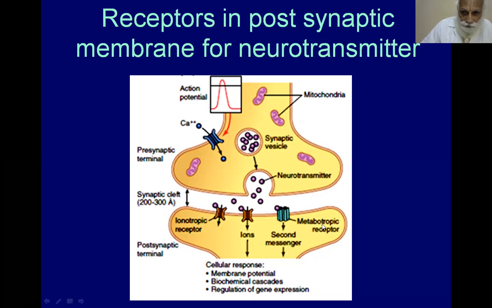The other, which are metabotropic receptors, here the channels are not opened, and as the neurotransmitter binds with the metabotropic receptor, that causes the activation of a second messenger, and this second messenger will further initiate a series of events that will bring about the change.